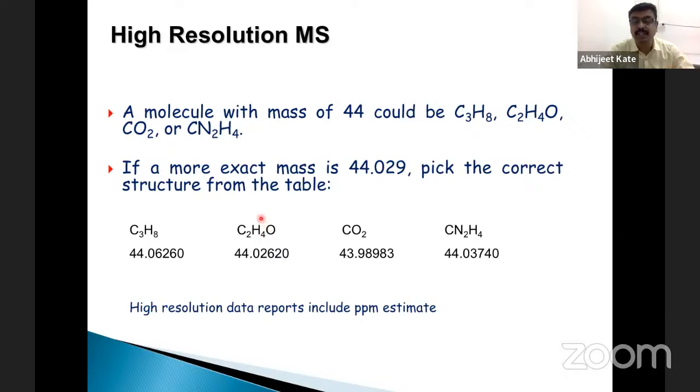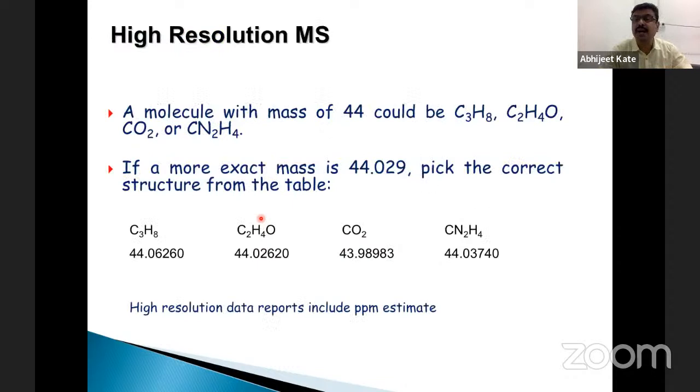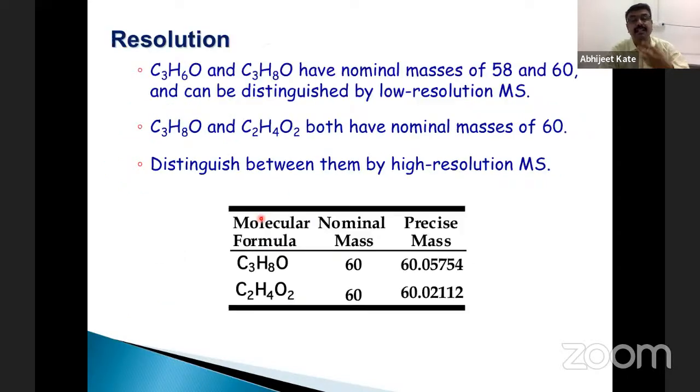I just wanted to show the power of this high resolution instrument, that you can simply identify the molecular formula by doing this. And for this, you don't need to isolate that compound, because you are separating it in a chromatographic HPLC column, and then sending it one by one to the mass spectrometer. That's the beauty of this work, and you can get the best of both worlds, where separation is there and you get the high resolution also.